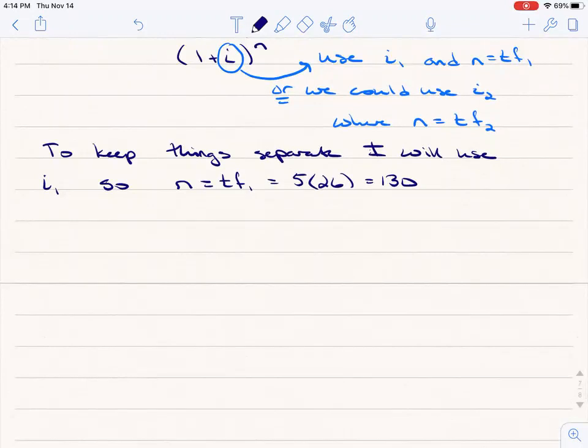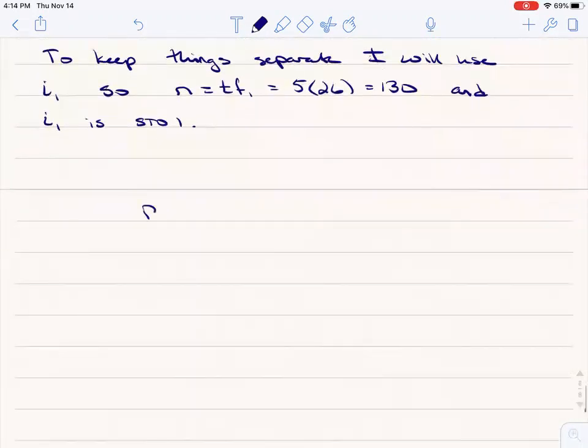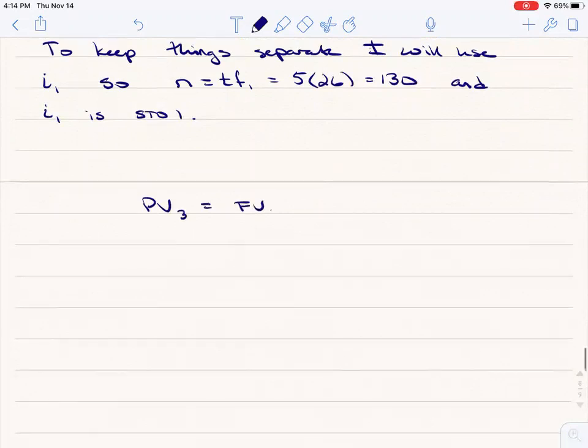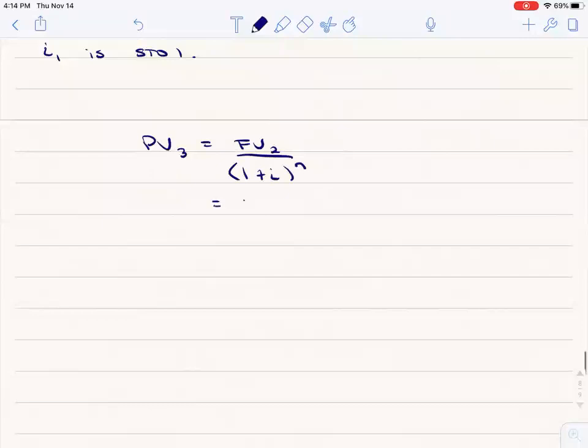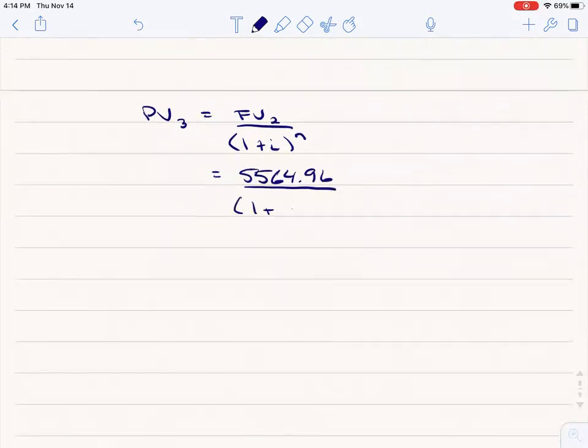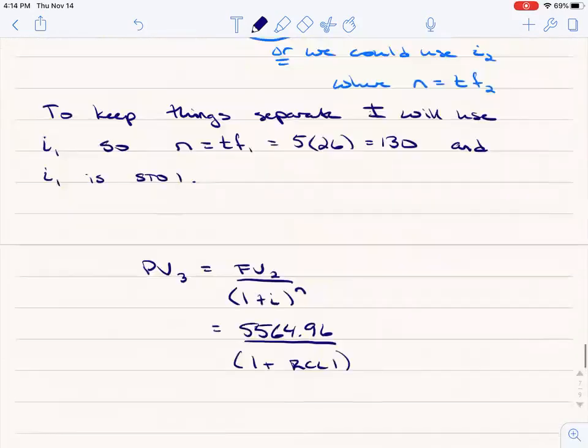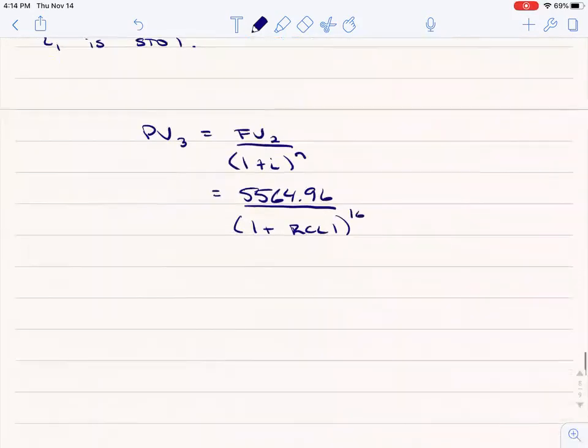And I1 is in store 1. So doing the calculation now isn't so bad. Present value 3 is the future value 2, over (1 plus I) to the power of n. This is going to be 5,564.96 divided by (1 plus recall 1) to the power of 130.